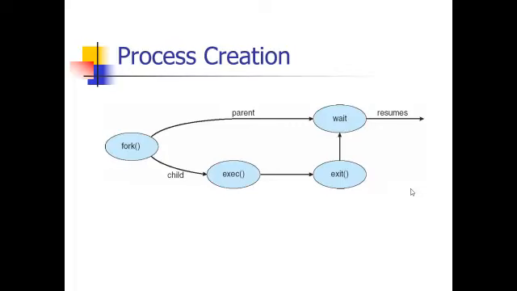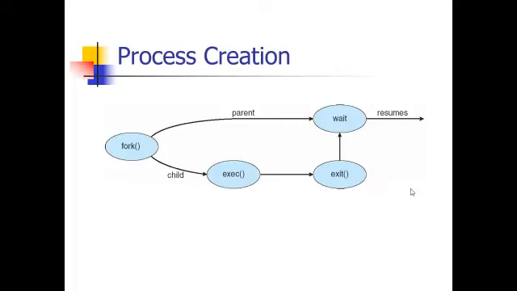The parent and the child process, as I explained earlier, can share or separately use resources such as the memory, files, input output devices, and all the other available resources inside the operating system.